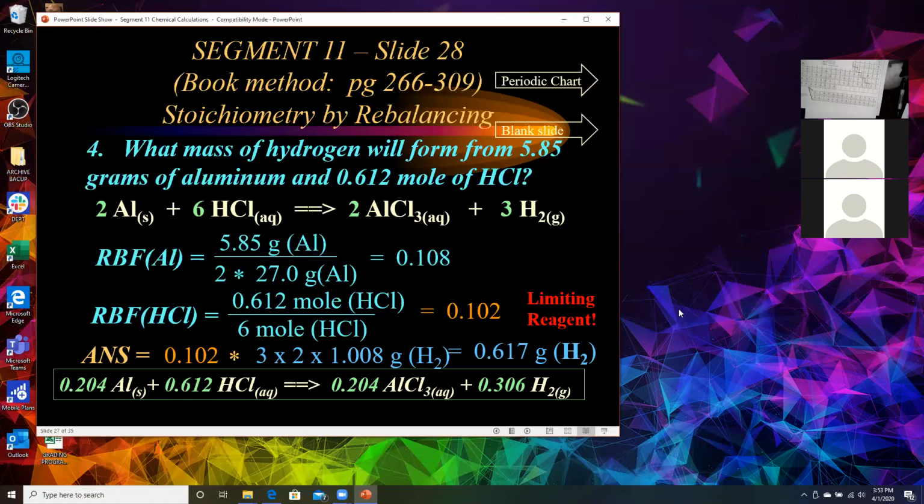So here we go. There is the new rebalanced coefficients. And like I said, if you take 0.204 times 27, that's the grams of aluminum you used, and you subtract that from 5.85, that's how much is left over. And I didn't ask for it, but there's how much aluminum chloride you're going to make.